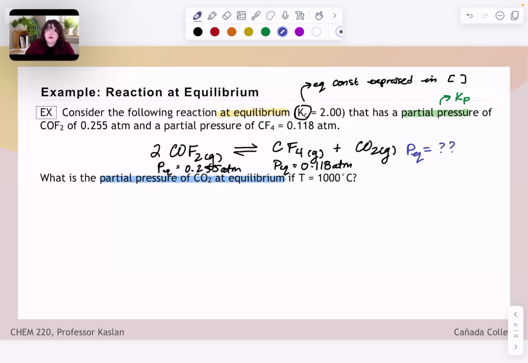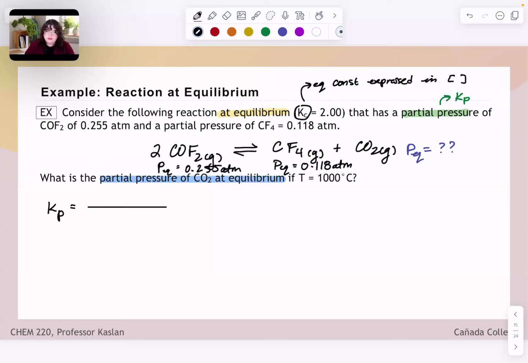So let's start by writing out what we know about Kp, since we're given things expressed in terms of pressures. Kp is our equilibrium constant expressed not in terms of concentration, but with respect to partial pressures.